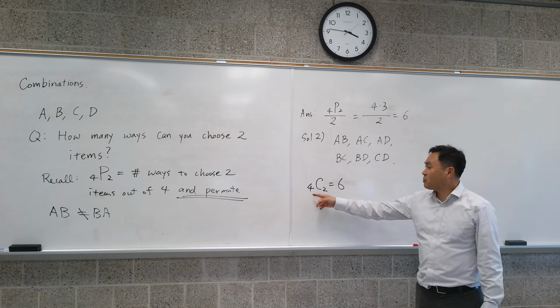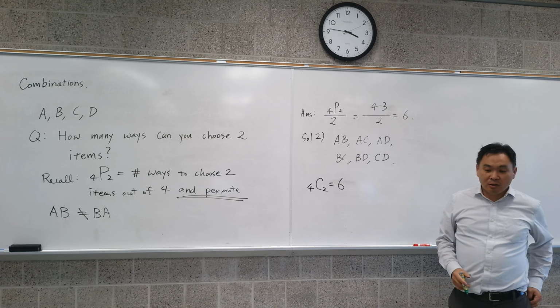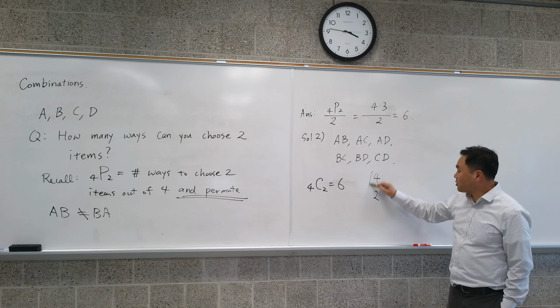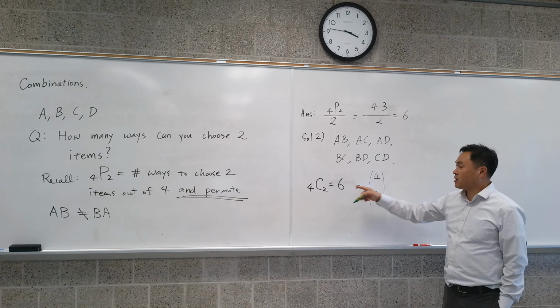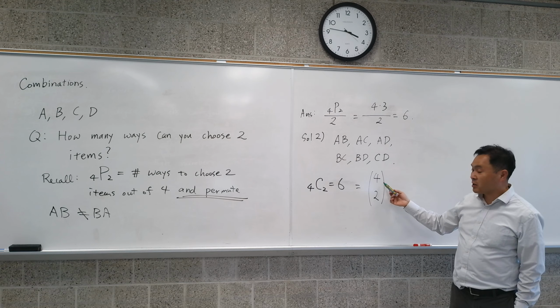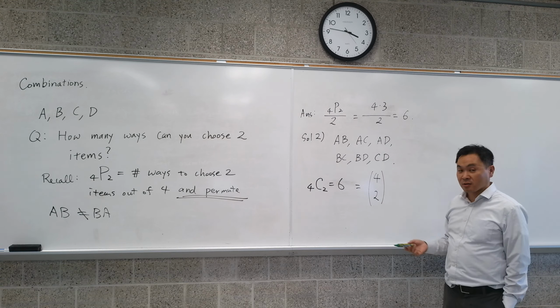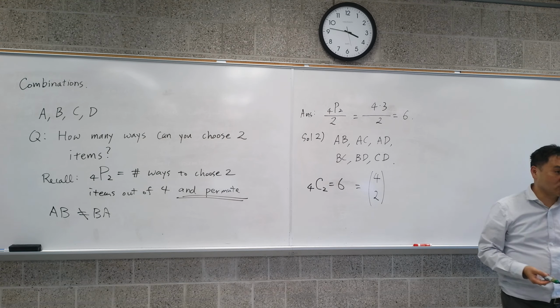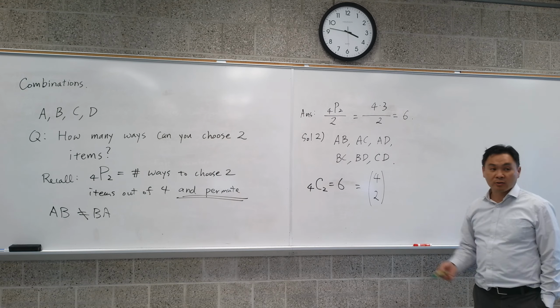But because this appears so many times, it's customary to use 4 and then 2 in a parenthesis as the same thing. So another symbol for 4 choose 2 is people write it like 4 and 2 like this. Both are pretty standard notations. 4 choose 2 or 4 2 like this.